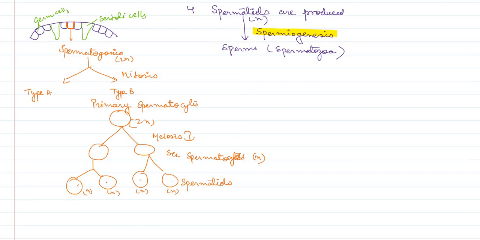Okay, this doesn't look like a sperm. This spermatid doesn't look like a sperm. These are non-motile. That's why there is a need of changing the spermatids into motile condition. So there is a process which is known as spermiogenesis.